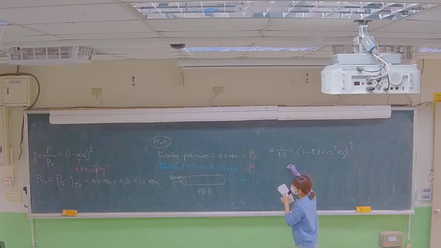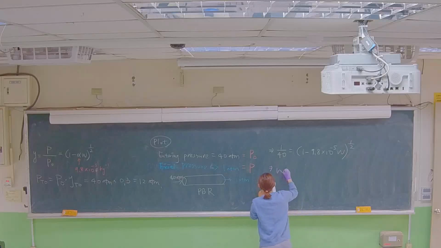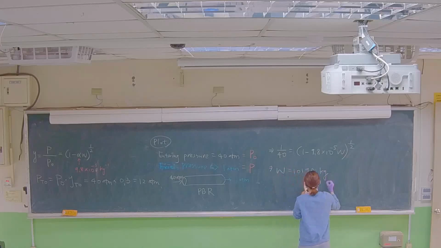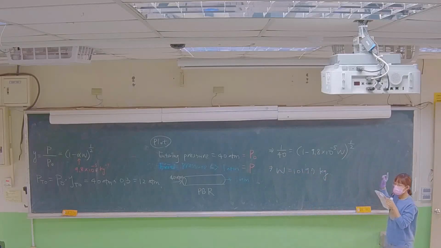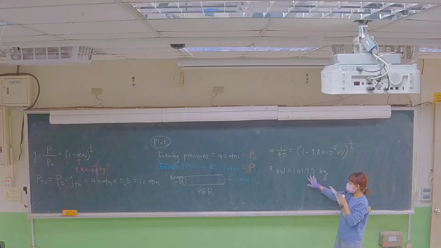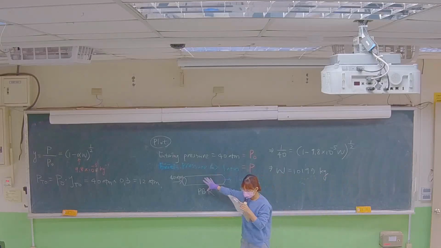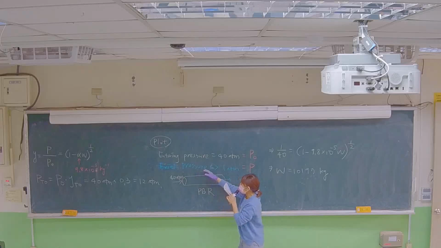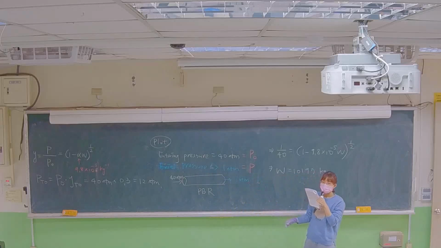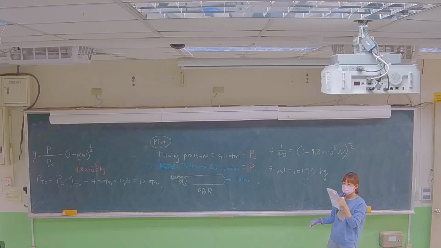The purpose is to find the weight of catalyst. That means if you put around 10,000 kilograms of catalyst inside, the exit pressure will be 1 atm. So let's draw the plot.